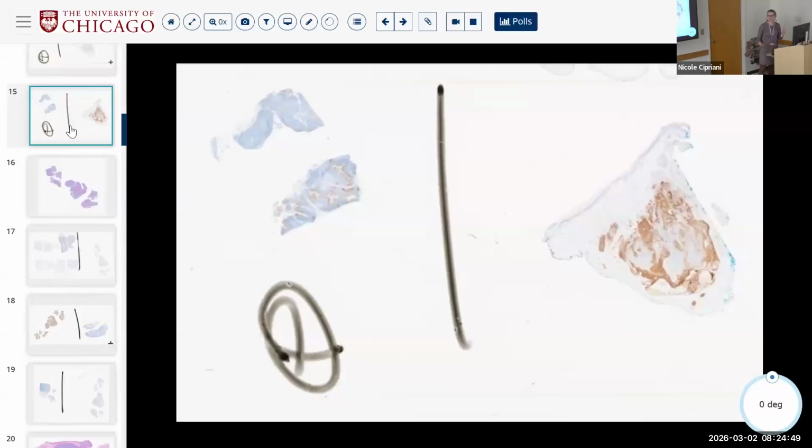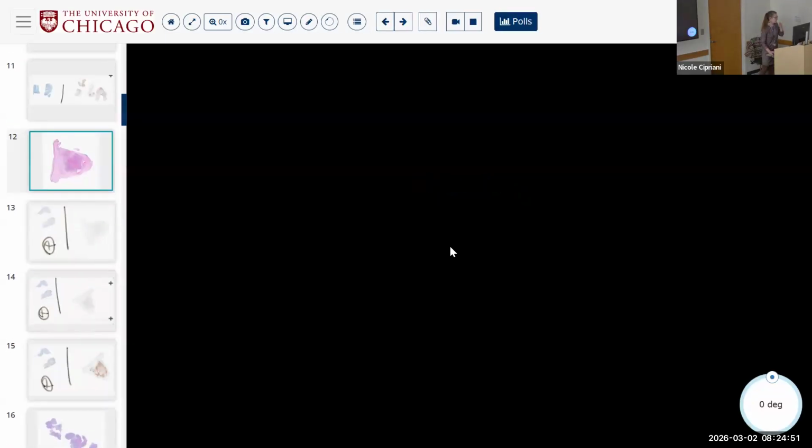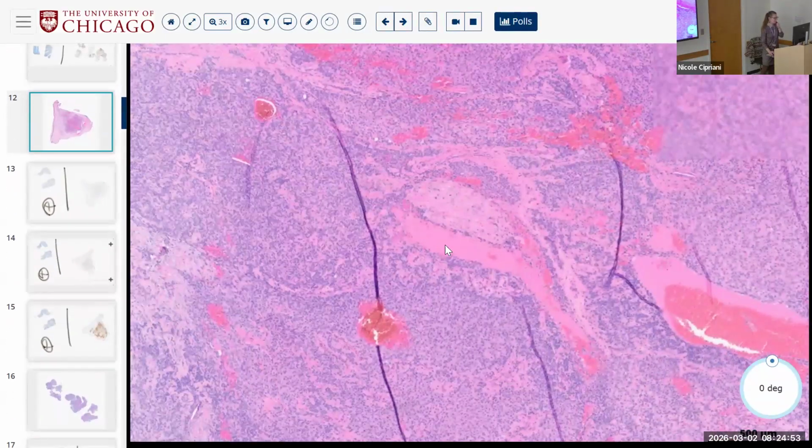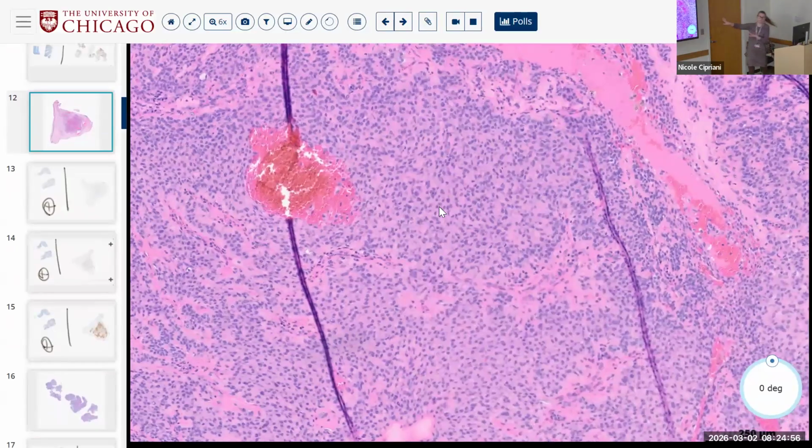Oh, I do want to point out though that once you know you are in a myoepithelial rich tumor, which this is, you'll read about myoepitheliomas of salivary gland.